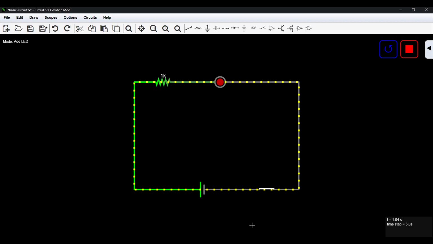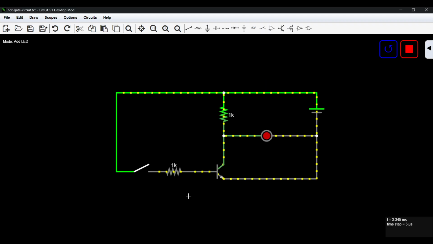So let's look at an interesting circuit, the same circuit that we've just seen, which is the NOT gate, or rather the inverter. So this is the structure of the NOT gate.